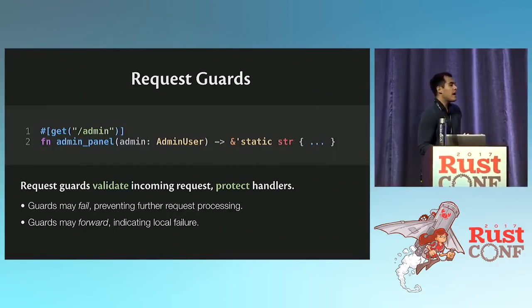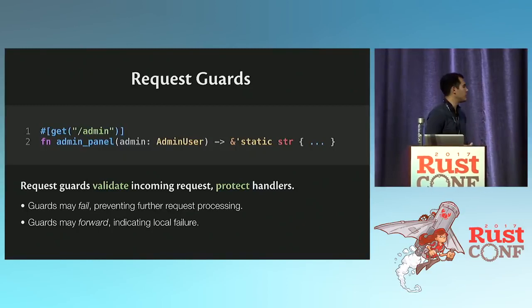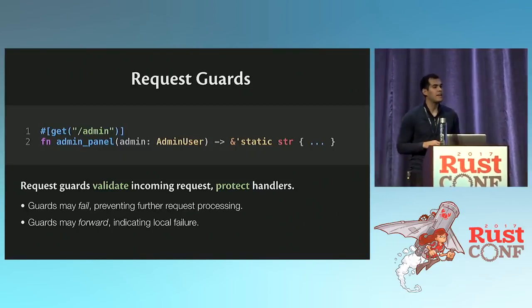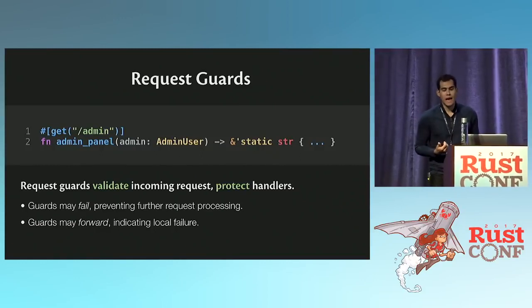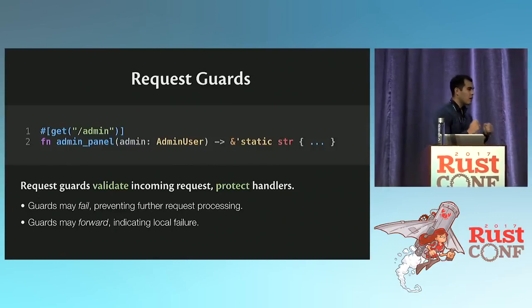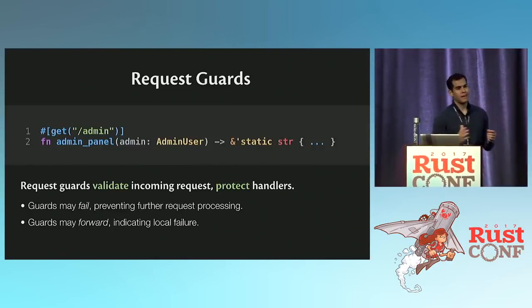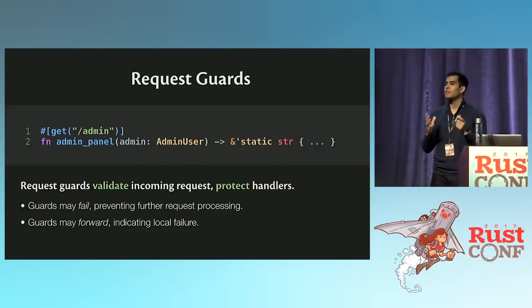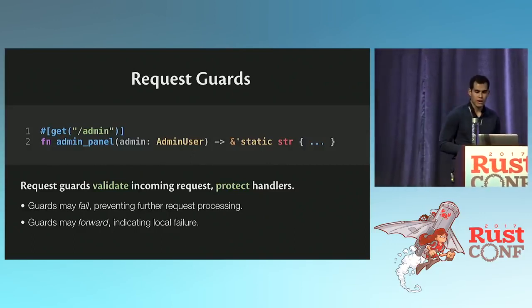And if it can't do that, it has one of two options. It can either fail, which says, no, do not call any handler that needs an admin user, or it can forward, which says, OK, look, don't call this route. It's not an admin user, but maybe someone else can validate the request. Maybe try a different kind of user, or whatever. Just try something else, Rocket.